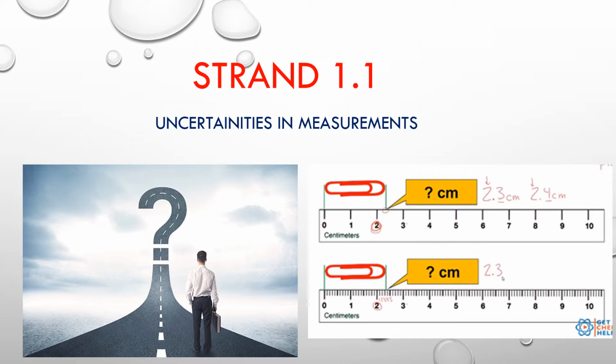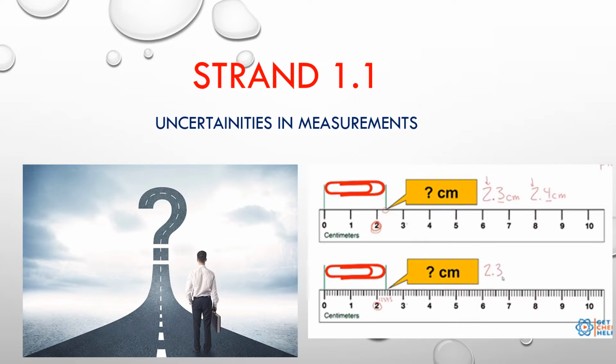Here, one particular object can have various measurements depending on the type of device or instrument used to measure it. Such as, if we are looking at this paper clip, you can see that an estimation has been made on the length of the paper clip, which appears to be 2.3 centimeters. It can be 2.3 or it can be 2.4 centimeters.